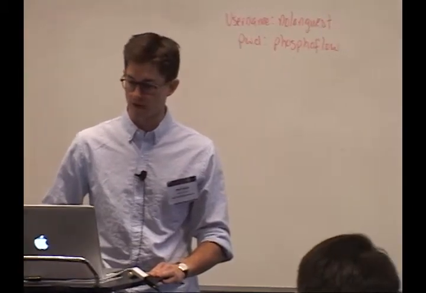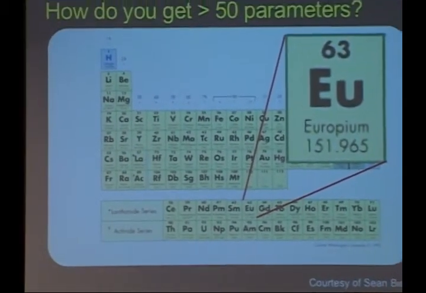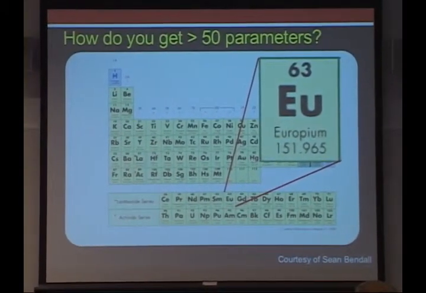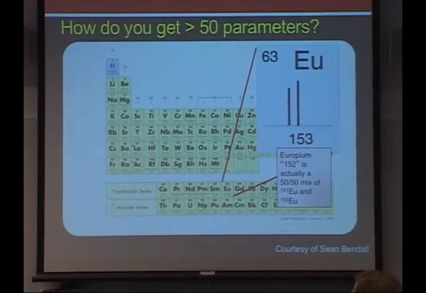So, taking a note out of Sean's book, a brief refresher: how do we get up to 50 parameters or above in theory? Well, we take advantage of the fact that heavy metals, the non-biologic elements on the periodic table, are really heterogeneous compositions of multiple isotopes.